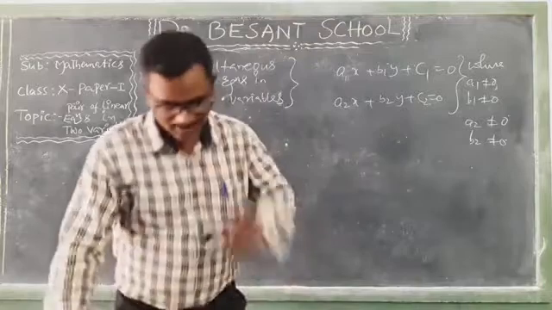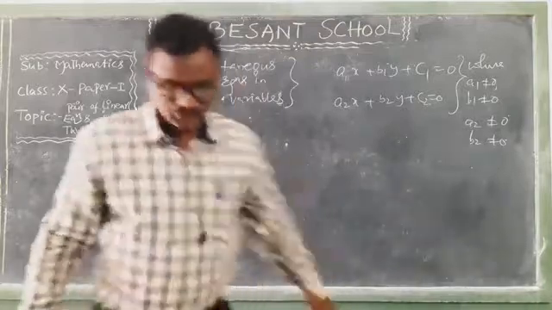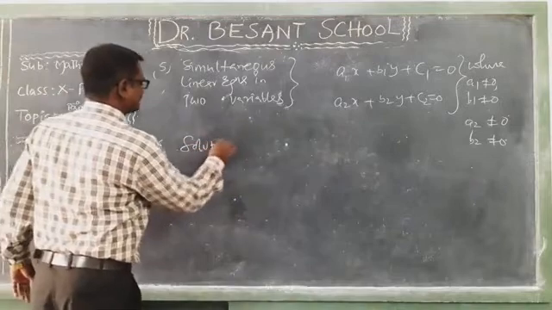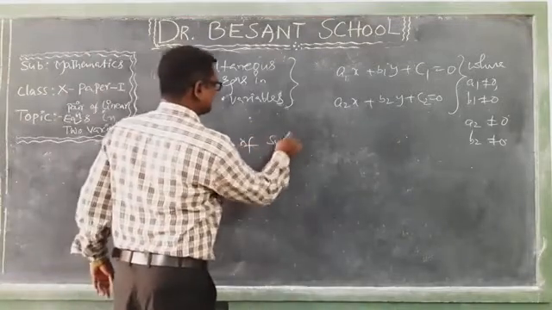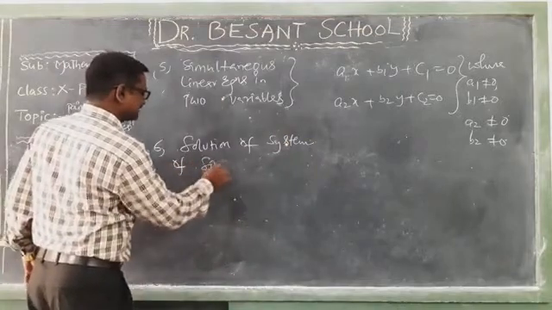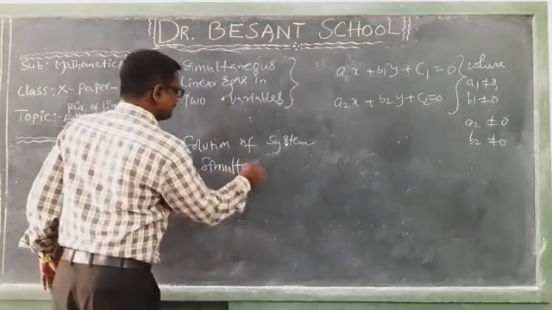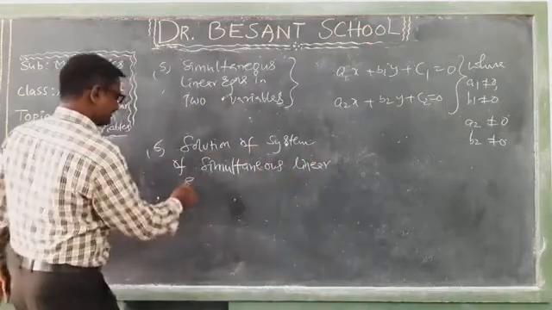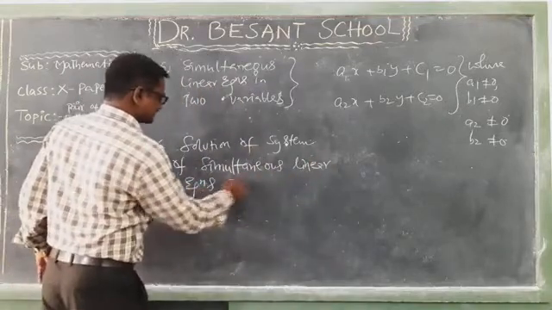Okay, children? Now my next definition is the solution of a system of simultaneous linear equations in two variables.